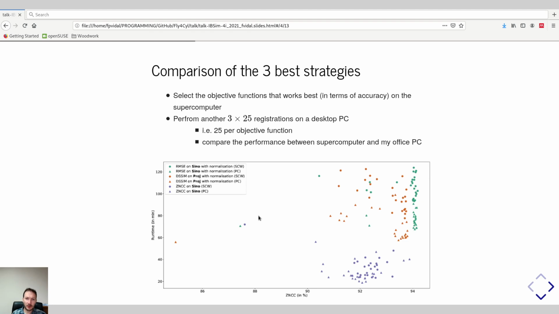However, we looked at the 3 best strategies and repeated the experiment on my PC just to show that, well, the supercomputer is actually slower. We wanted to see if it was faster, but actually the supercomputer is slightly slower than my PC because I got a more recent graphics card. That's probably the reason.